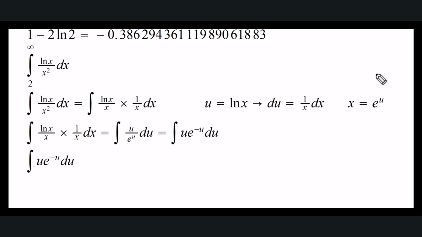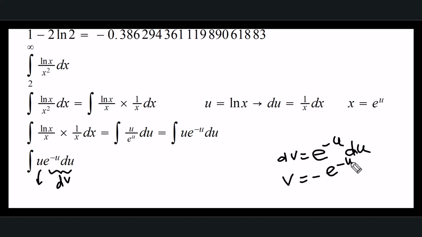That is, this is u. Let's take this as dv. So what is our dv here? dv is e to the negative u du. So if we integrate, then we will be what?